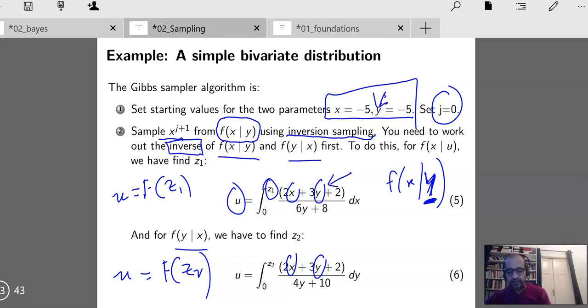So that is -5, right? But once you have run the Gibbs sampler to produce a sample that is z1 of the x value, so x in this current step 1 is now z1, right?